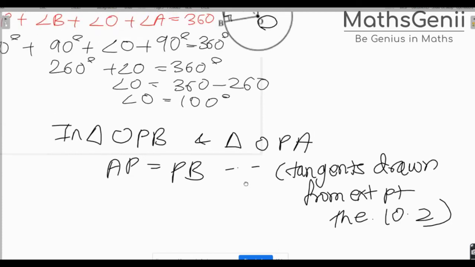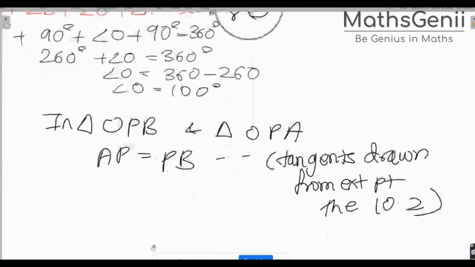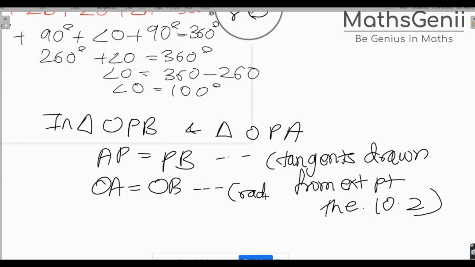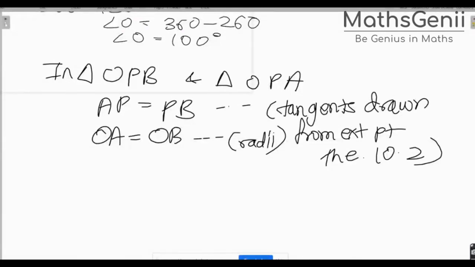Then OA and OB, both are radii, right? OA is equal to OB because both are radii. Then another thing you have is OP is the common side. OP is equal to OP, common side.